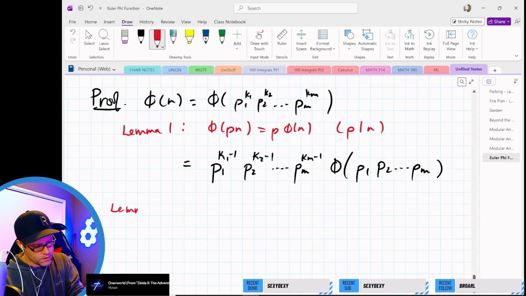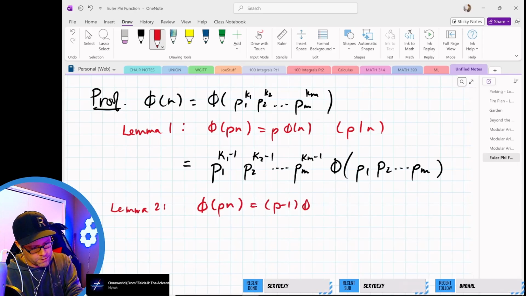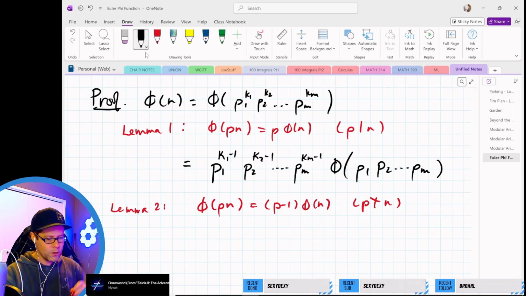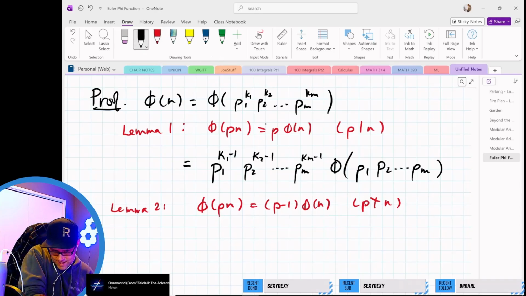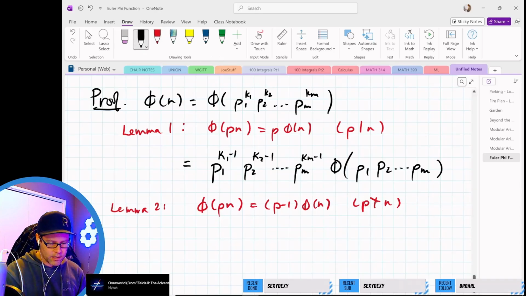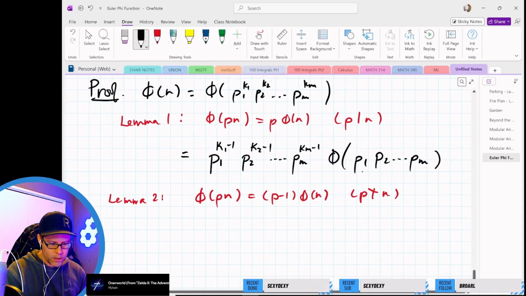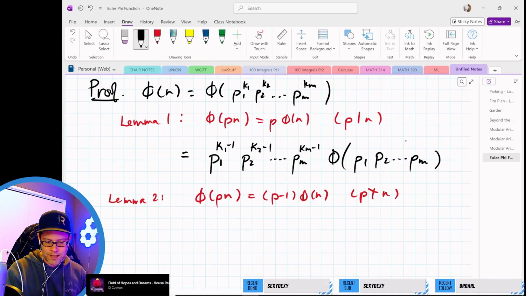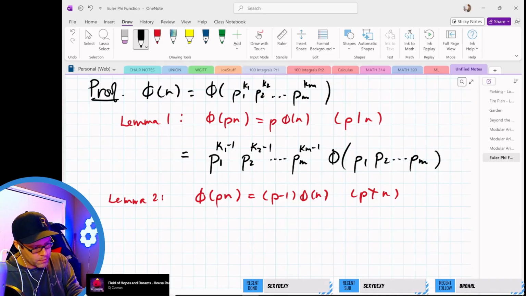Okay, so that's lemma 1. What does lemma 2 say? It says if I have phi of pn, it's equal to p minus 1 times phi of n. This is if p does not divide the other number. So here's how I deal with how to expand out this last piece. This p1 is a prime number, and I can think about all of the rest of this stuff as n. So I'm now going to be able to start rewriting this.